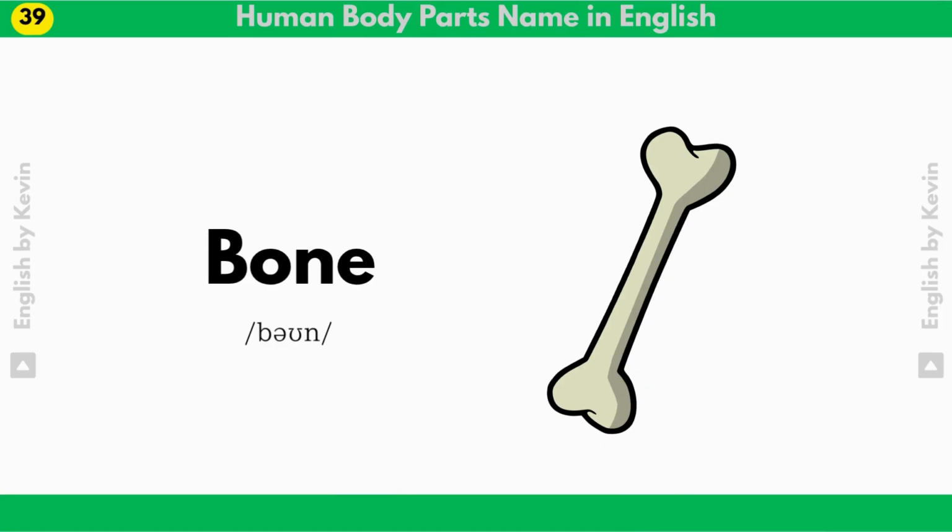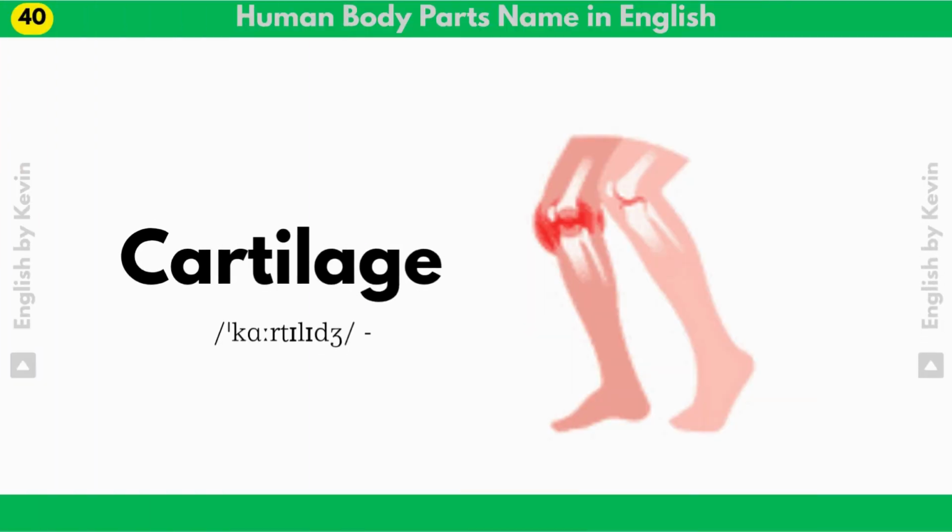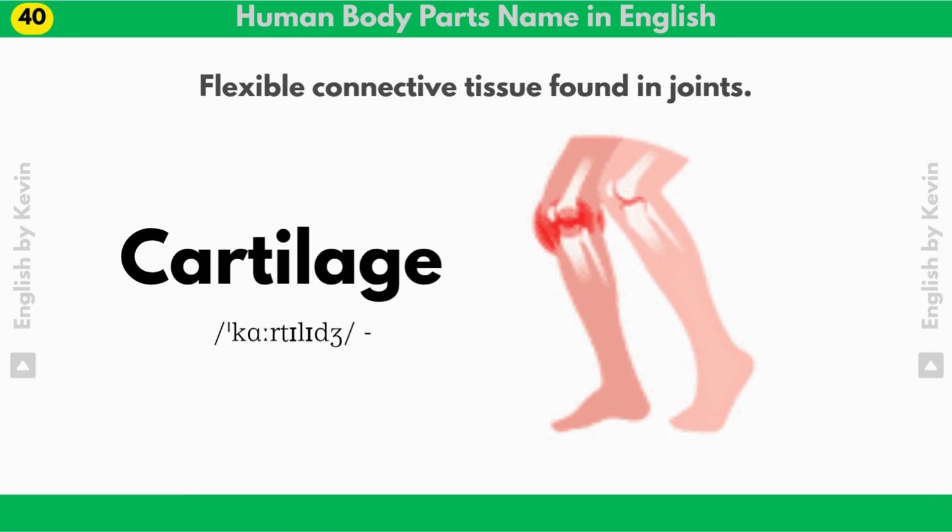Bone. The rigid organ providing structure and support. Cartilage. Flexible connective tissue found in joints.